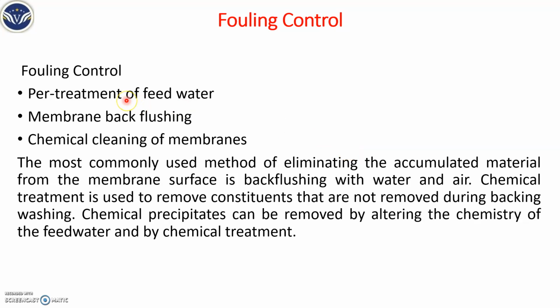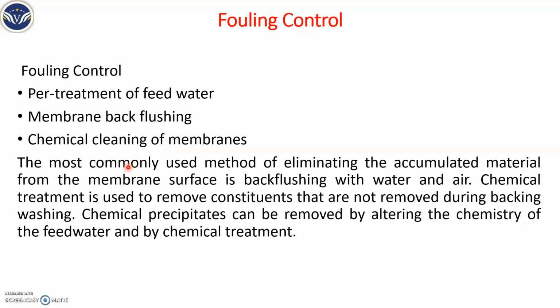So how to control it? In the controlling part, we need to give backwashing continuously. Again, some pre-treatment has to be given before you feed the water into the membranes, and some chemical treatment.